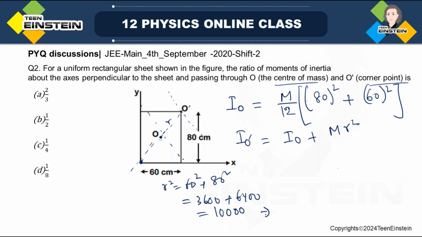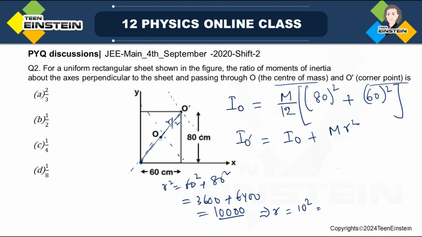So r will be 10 to the power 2, because we have 10 to the power 4, so square root of that is 10 to the power 2, that means 100. So I have got the length to the corner, then take half of it, that is 50.